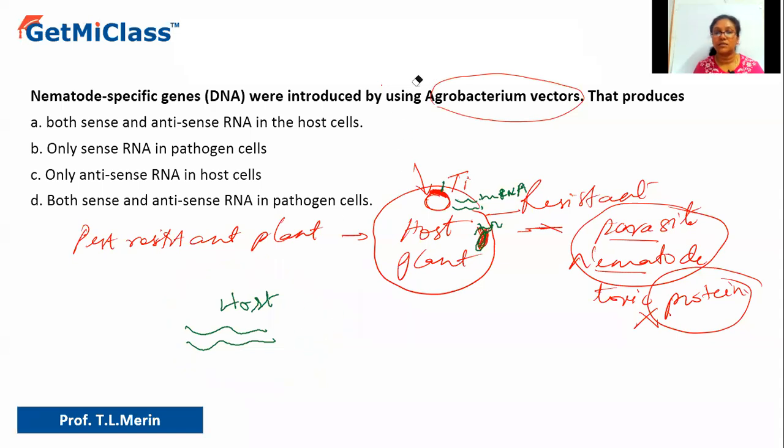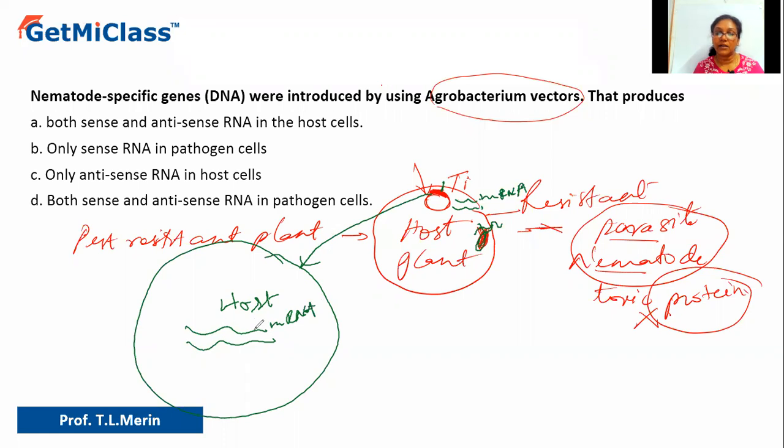Suppose this is the host, and we have introduced the vector, and this vector has given rise to both sense and antisense mRNA. Both are single stranded, and they are complementary to each other, sense and antisense.